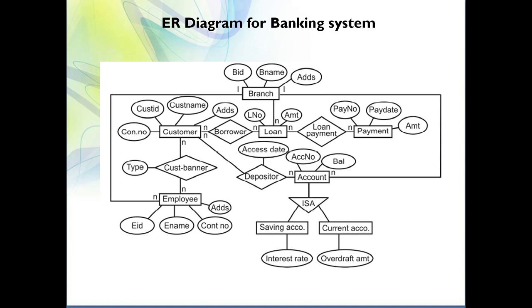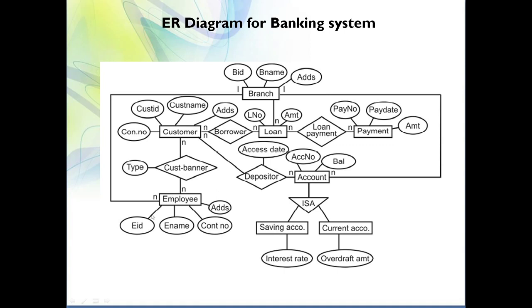But when you consider a many to many kind of relationship, at that time you need to consider a third table. So between customer and banker, n number of employees will serve n number of customers. So here I didn't find any suitable noun or verb, so I consider customer banker as a relationship.